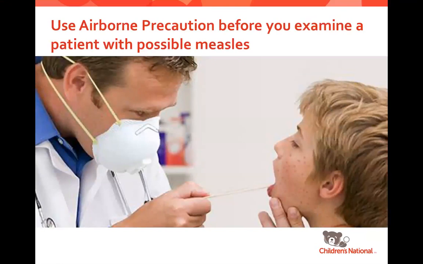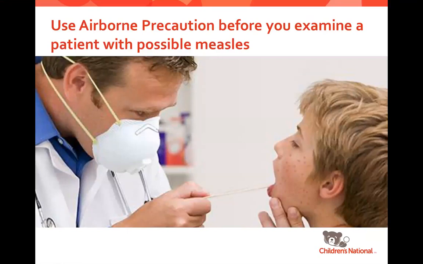When they are exiting the room, they should continue to wear the mask. If they send them to X-ray, they need to wear the mask. The only time a child with suspected measles or known measles can take a mask off is if they're actually in an airborne isolation negative pressure room. So that's the only time they can remove the mask.